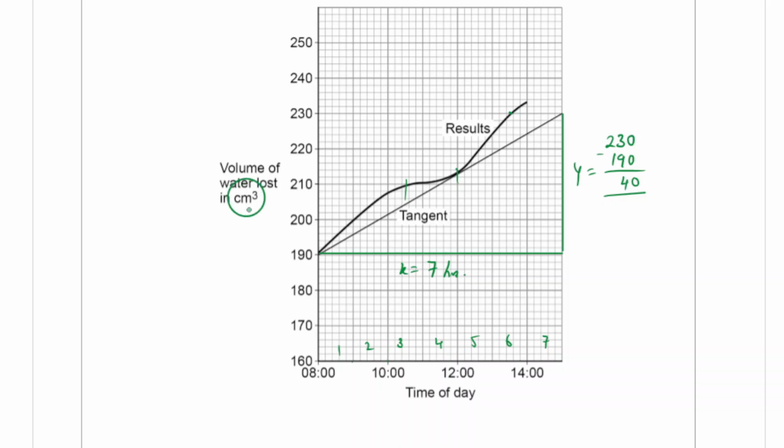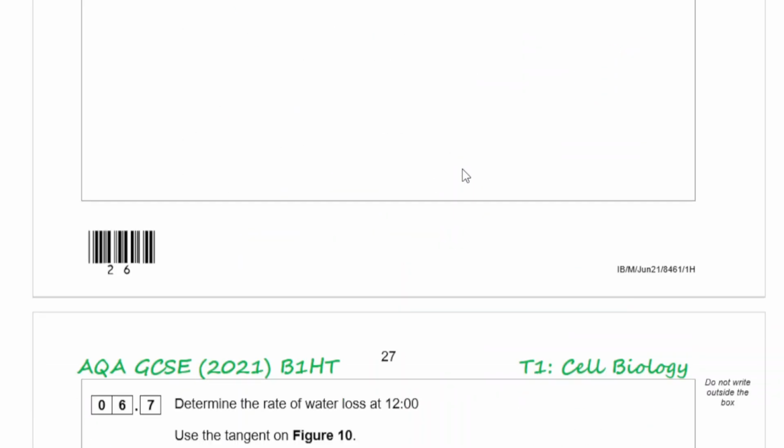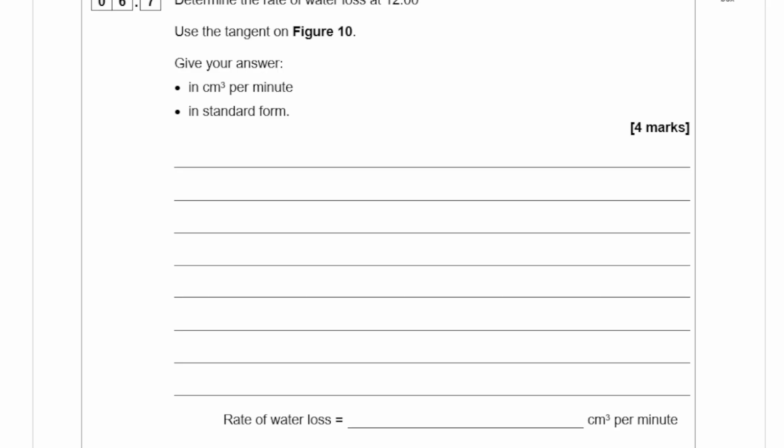This is in centimeter cube, so I don't have to change that. So the gradient from the tangent is going to be 40 divided by 7. No, per minute. So I can't actually have it in hours. That's 7 hours. So let me change that first. 7 hours multiplied by 60 minutes should give me 420 minutes.